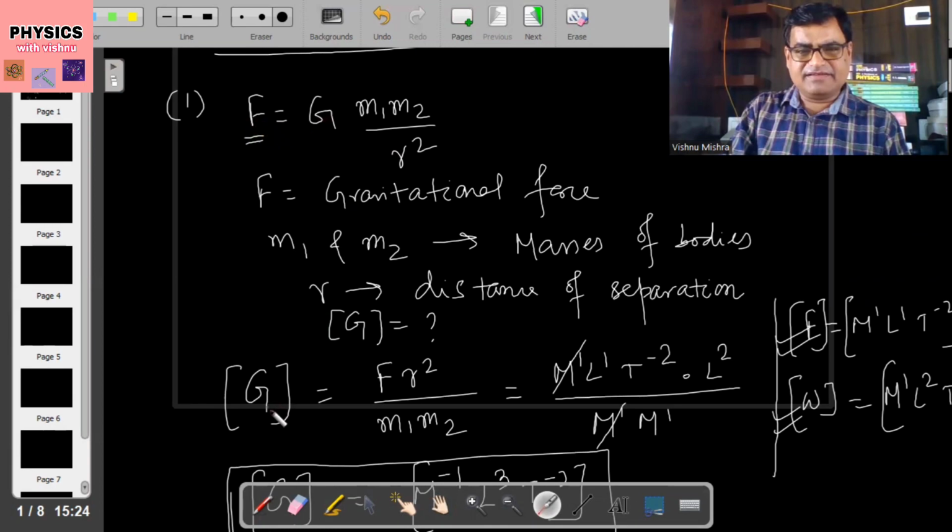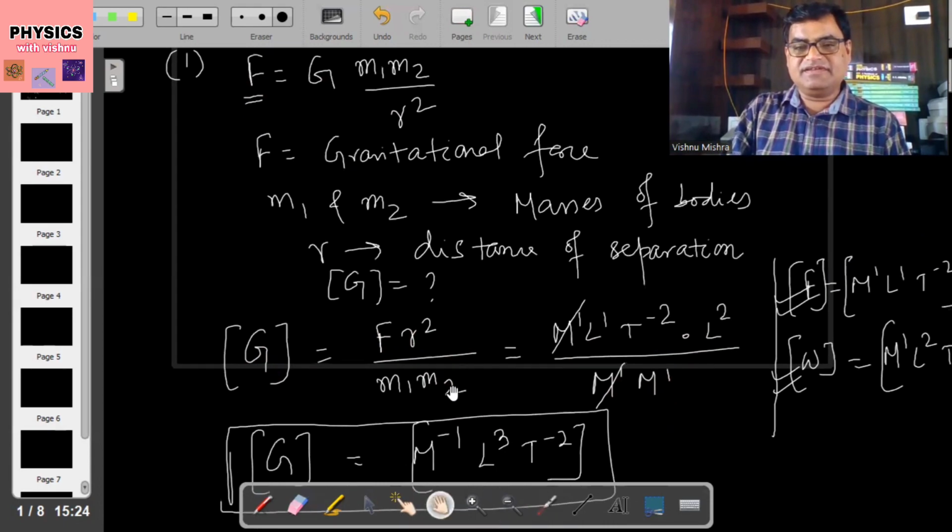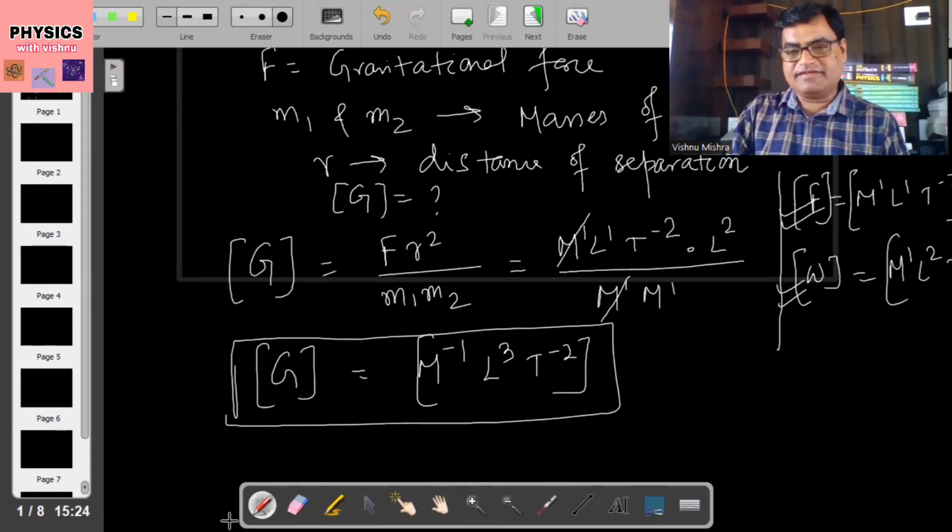First find the expression of G: F r square by M1 into M2. Then F is M1 L1 T minus 2 and r is L2, divided by M into M. Finally you get the dimension of G. This is the answer. Clear? We will discuss many more.